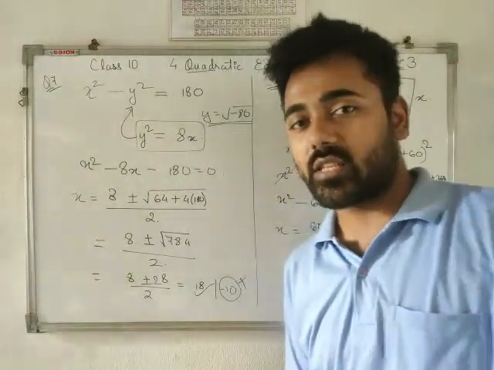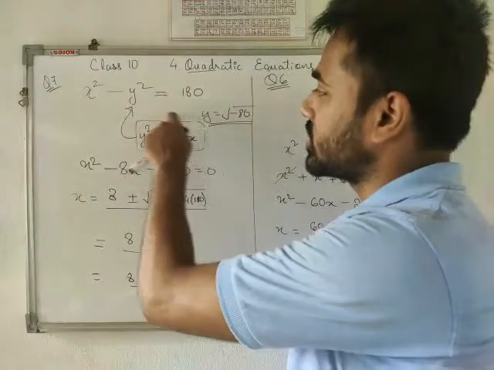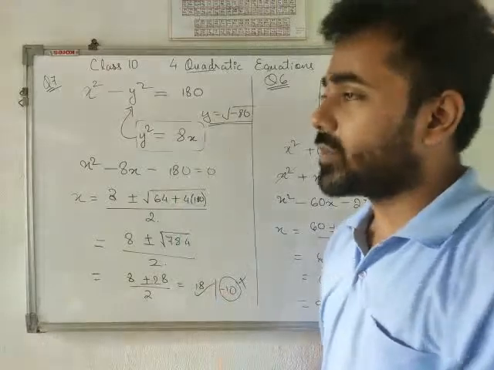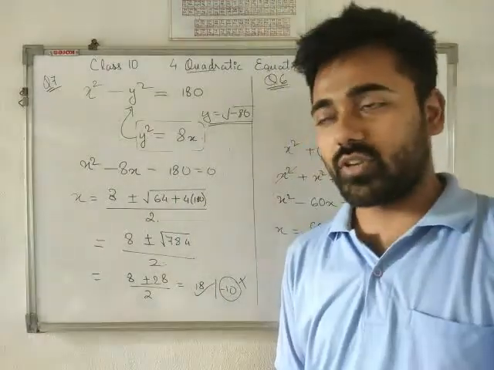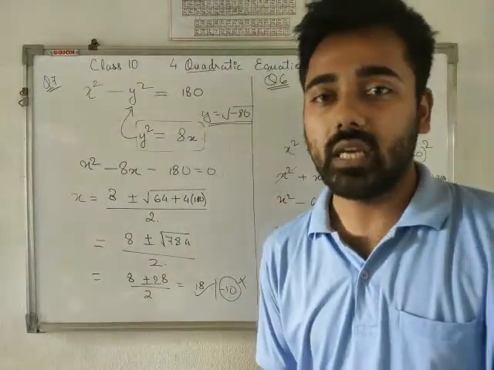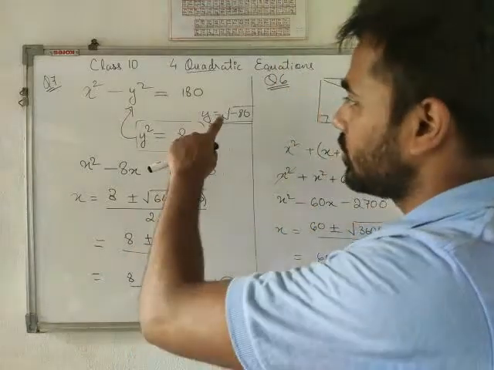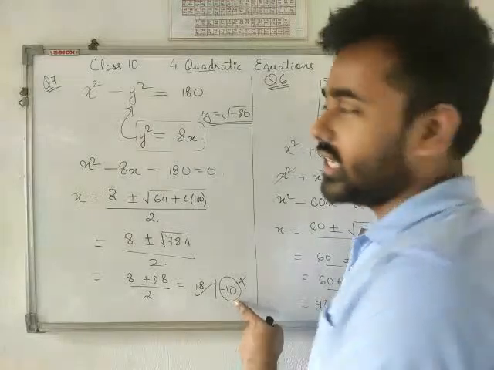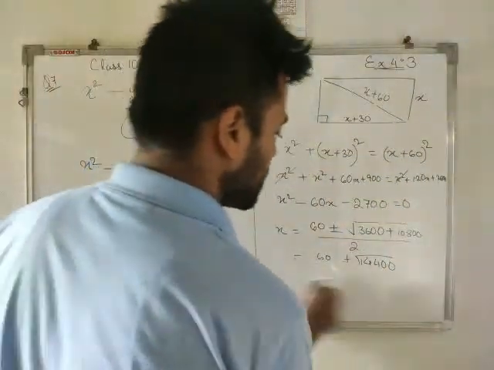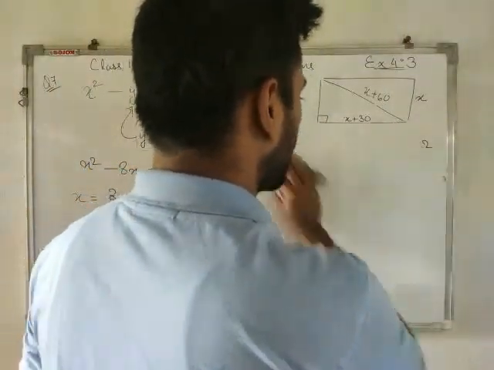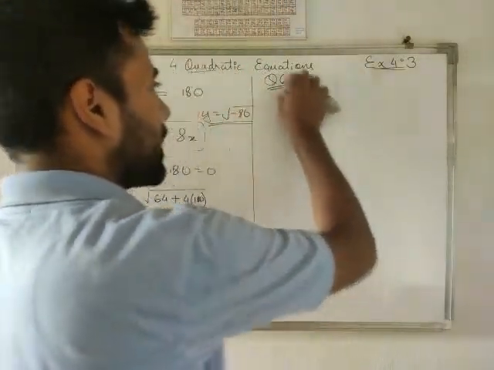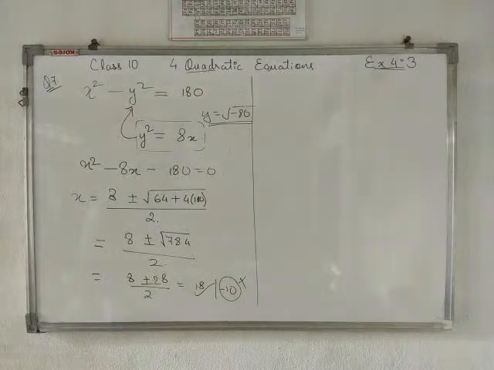Both numbers were eligible, but as per this equation, if we put x equal to minus 10, then y will be a non-real number. So we cannot have non-real numbers in class 10 at least. Therefore, we will cancel this value. Okay, understood? So you have to check whether the negative answers are admissible or not in your case, as per the question.